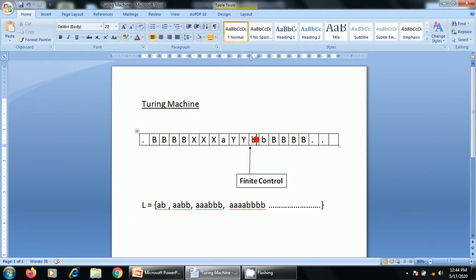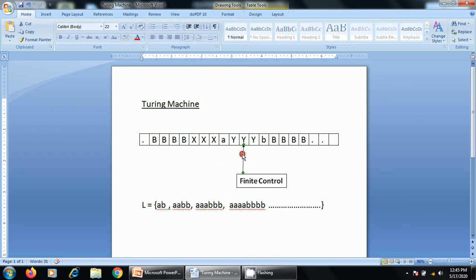Why? Because now we are going to search for the next A. But first we have to cross all Y, then all A, and search for the first X. Now this is the first X.